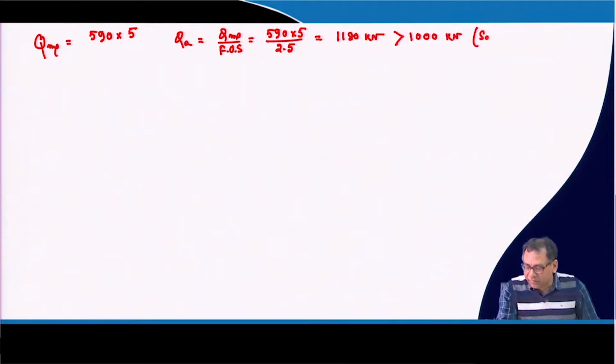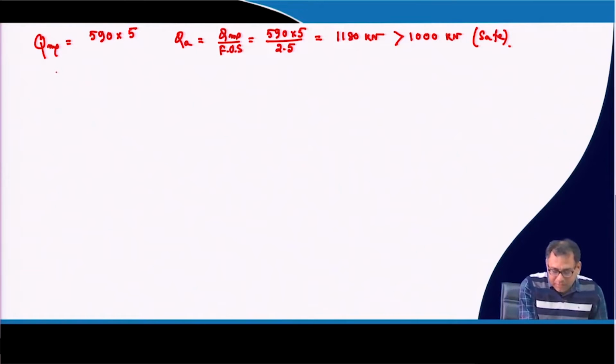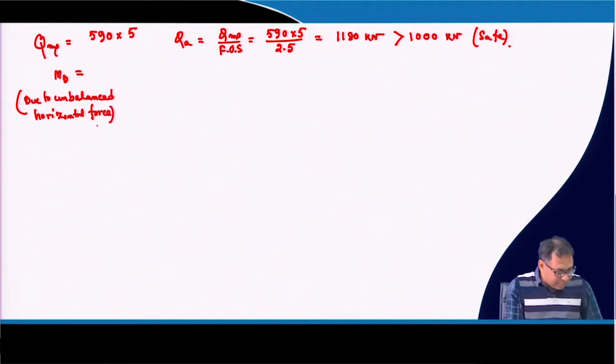So, it is safe, but at the same time there will be an unbalanced horizontal force, and due to that unbalanced horizontal force a moment will develop at the base of the well. So, that moment MB, this is due to the unbalanced horizontal force or the lateral force.